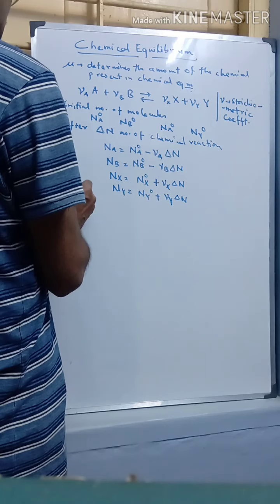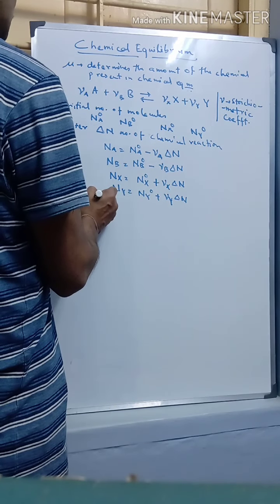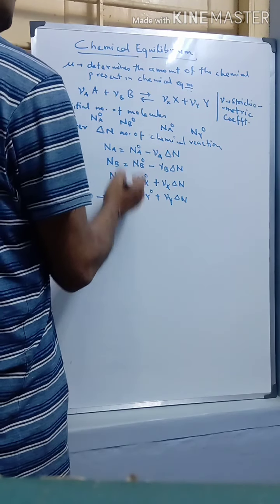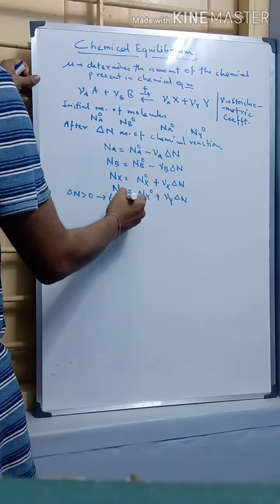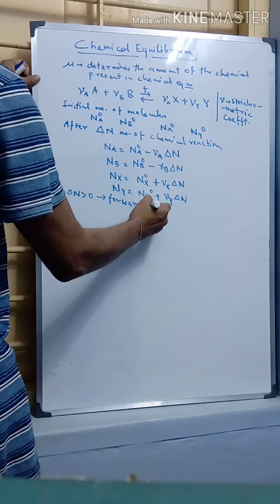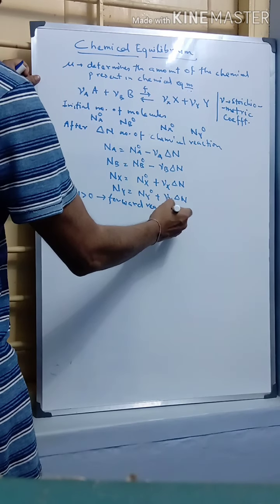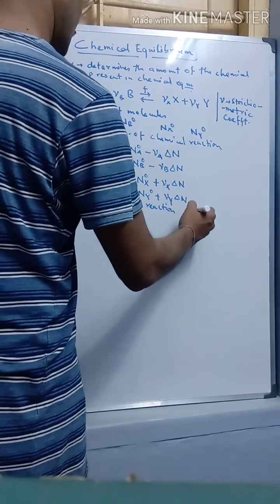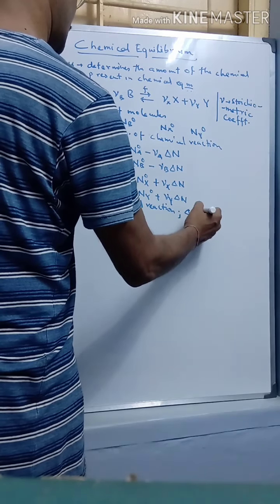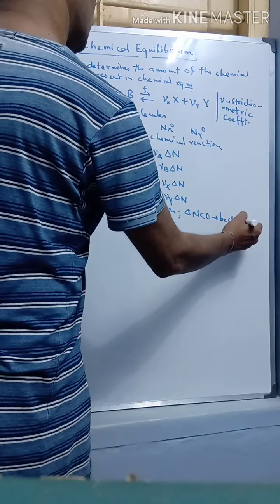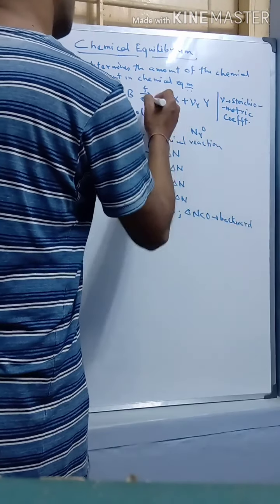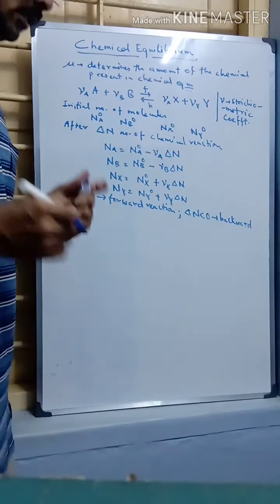And if delta n is greater than 0, then this is the forward reaction, F, and if delta n is less than 0, then this is the backward reaction.